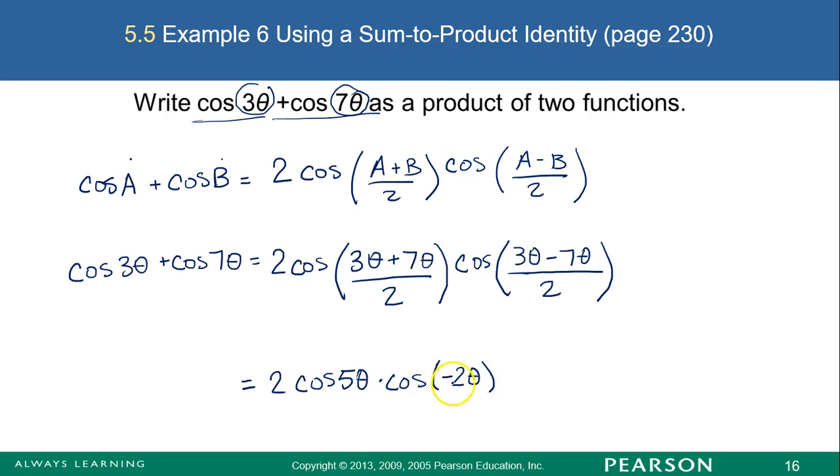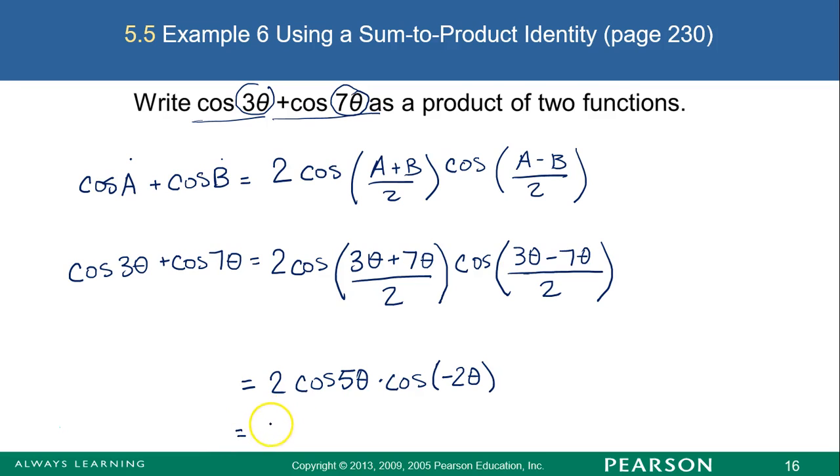But remember, we're not going to write anything with negative angles in it. So at this point right here, remember your negative angle identities. You've got those on your note card, hopefully. And cosine of any angle that's negative is the same as saying the positive cosine of that angle. Okay?